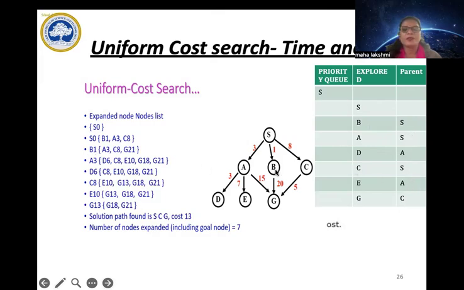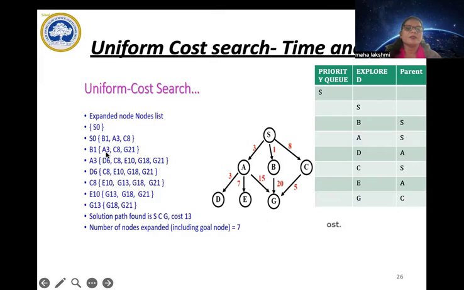Then B1 should be explored, and B1's child is G. G's path cost from the source node is 21. The nodes that are not yet explored from the previous list, A3 and C8, also should be added among G21, A3, C8. You just arrange them in the ascending order, whichever is the least.